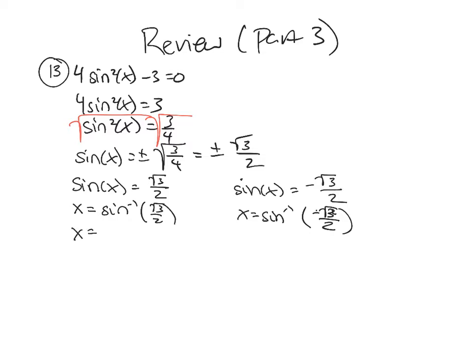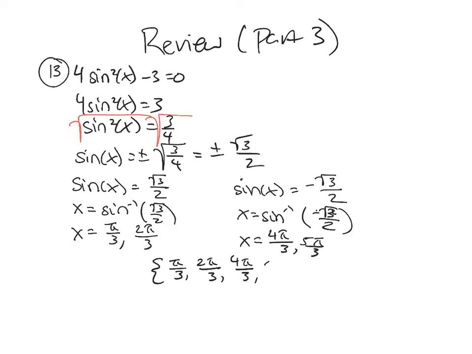For our positive answers, we are going to get pi over 3 and 2 pi over 3. For our negative answers, we're going to get 4 pi over 3 and 5 pi over 3. So when I put my answers into a solution set, I get pi over 3, 2 pi over 3, 4 pi over 3, and 5 pi over 3.